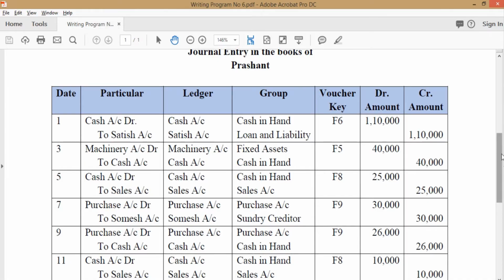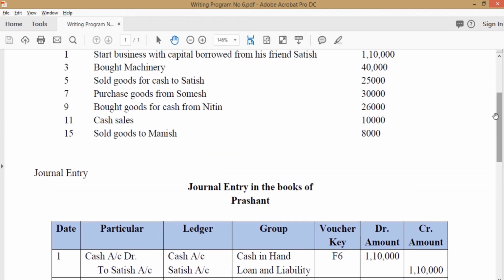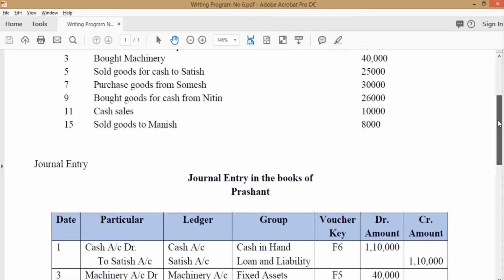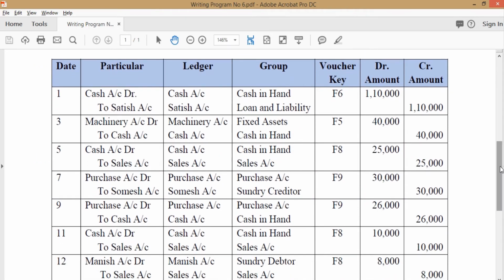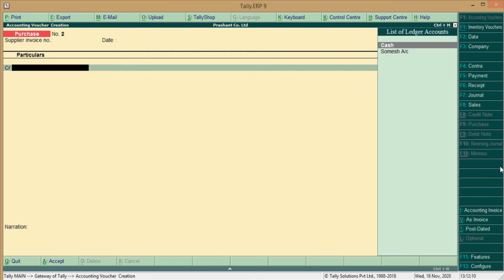Next transaction is related to purchase: bought goods for cash from Niti. Here the transaction is a purchase but in the form of cash. So purchase account debit to cash account; both accounts are already created. So press F9 on the voucher creation screen. Who should be credited?